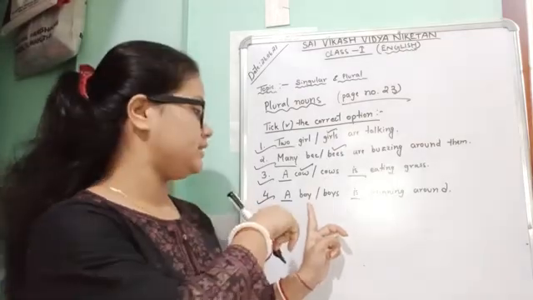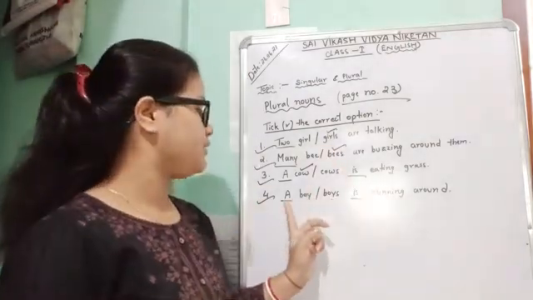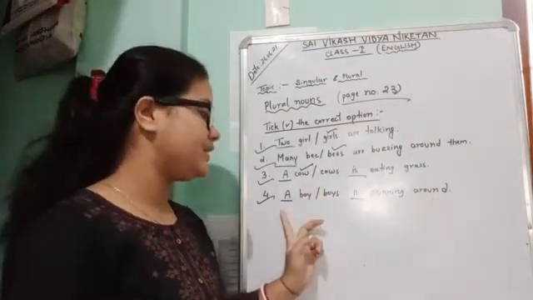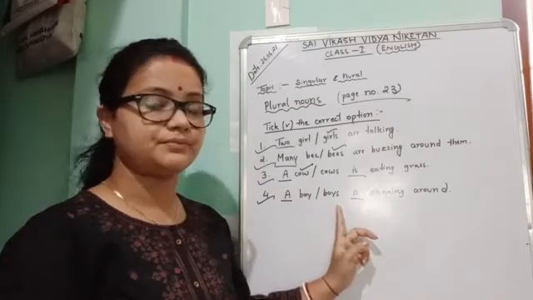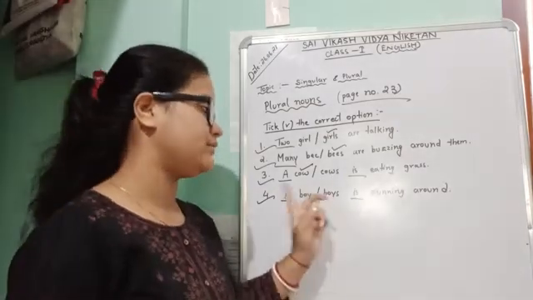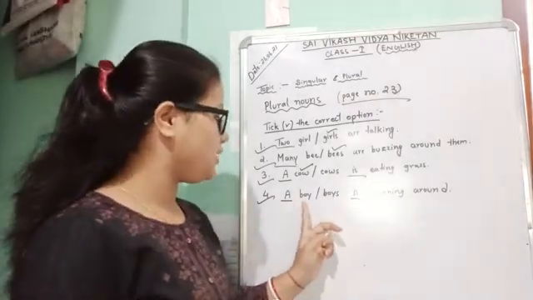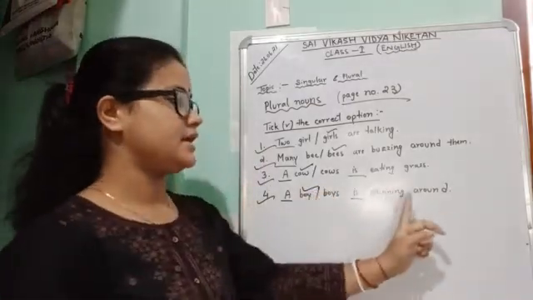Boys means more than one boy or many boys. If you have many, then we include many with boys. We can say many boys, but we can't say a boys. A means one item. So a boy is running around.